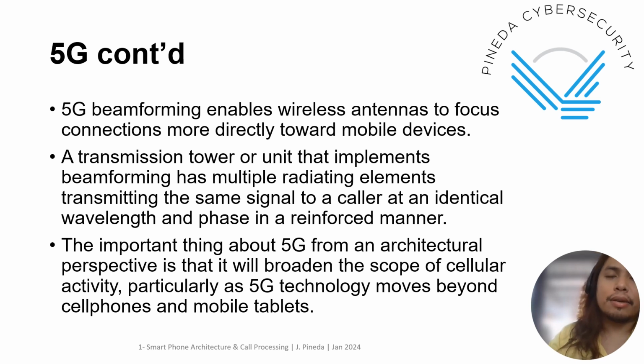That's another important thing that we need to emphasize. No? So you have a transmission tower unit that implements beamforming, that has multiple radiating elements transmitting the same signal to a caller at an identical wavelength and phase in a reinforced manner.